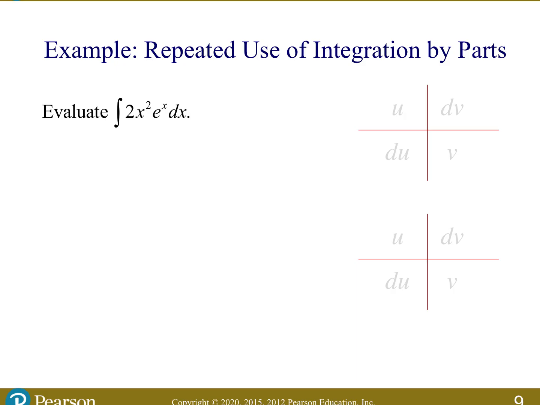So we'll start with 2x squared, because that power is going to beat out the e to the x dx. So my derivative will be 4x, and then my antiderivative for e to the x dx.